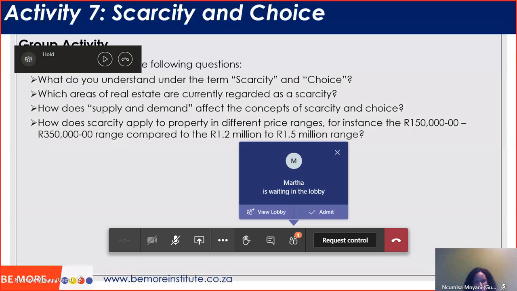In the groups, you can appoint a group leader who will upload the work on your behalf. Looking at our participants, Group 1 is Abongile, Alex, and Matsidiso.